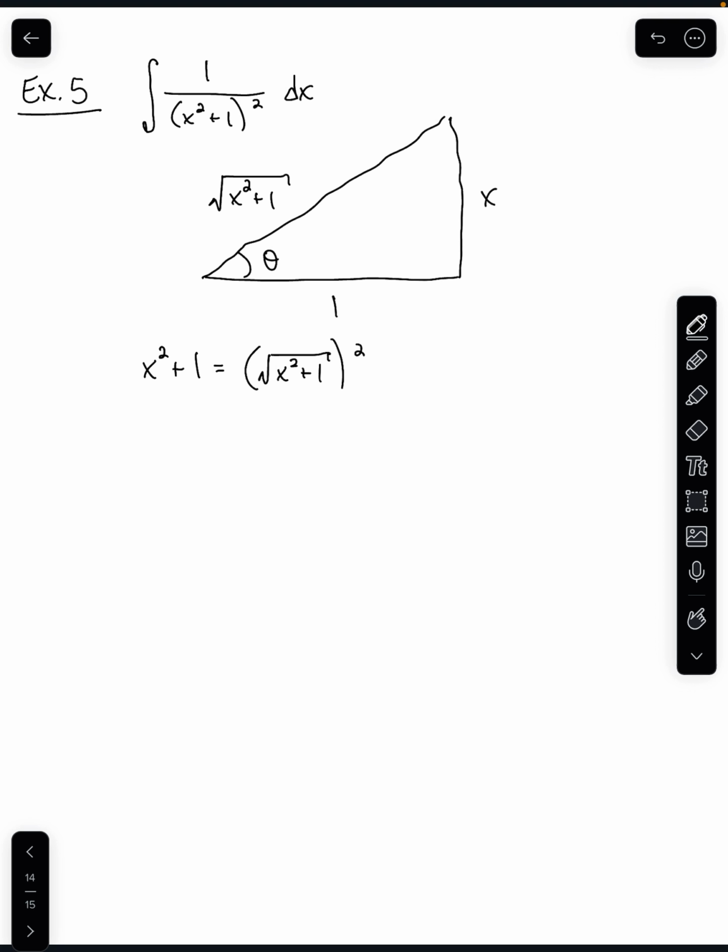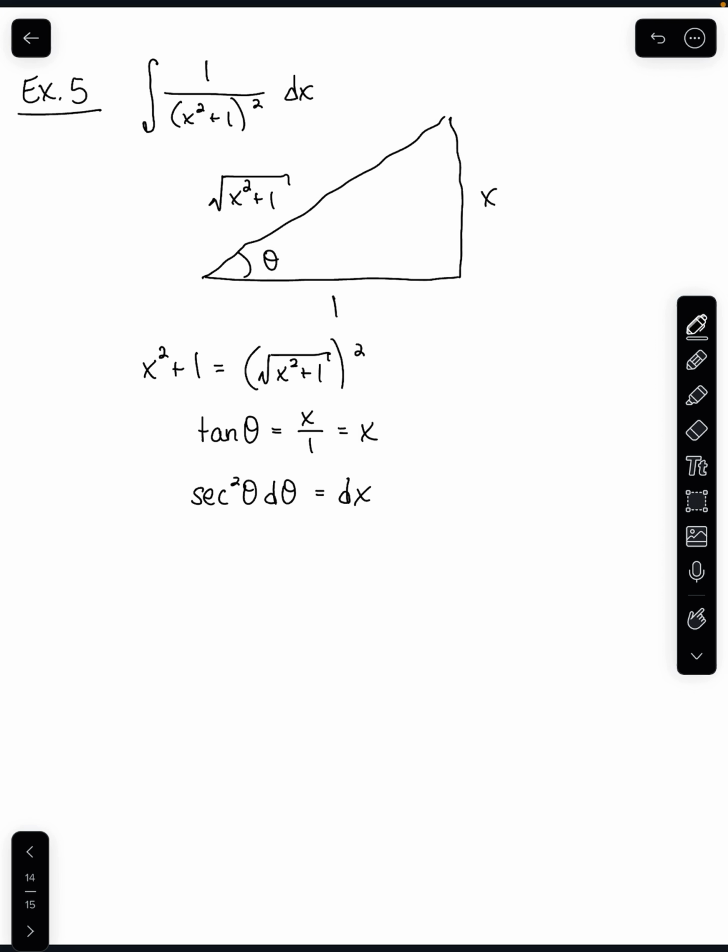So when we are ready to do our substitution, we can handle it thusly. For a conversion to the variable theta, we would use the relationship that the tangent of theta is equal to x over 1, or simply tangent of theta is equal to x. Differentiating gives us secant squared theta d theta is equal to dx.